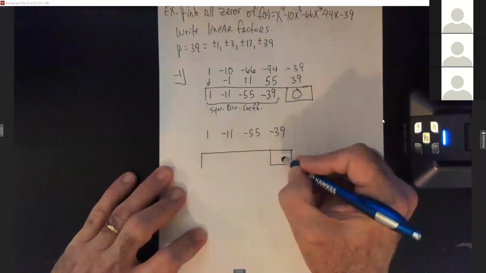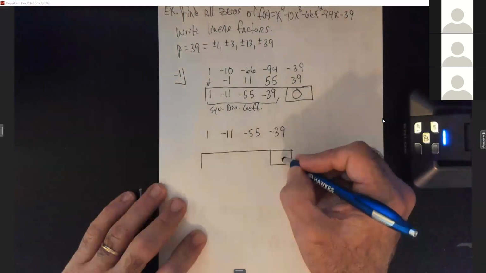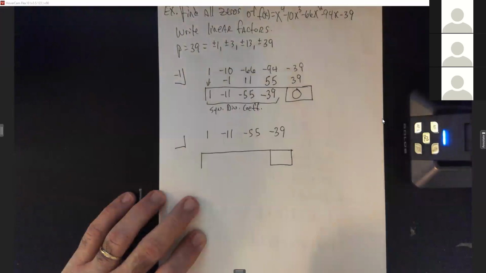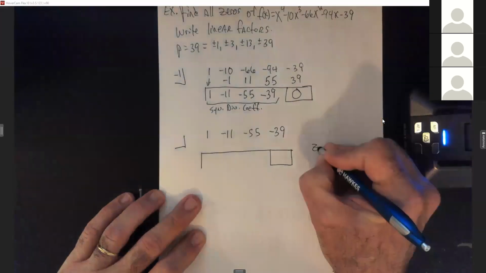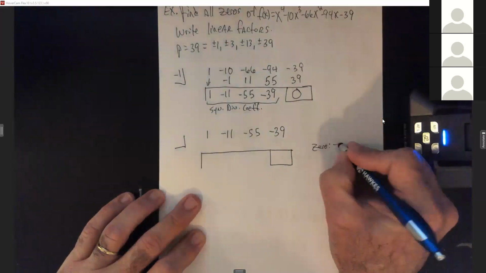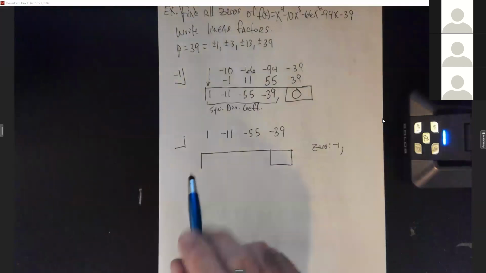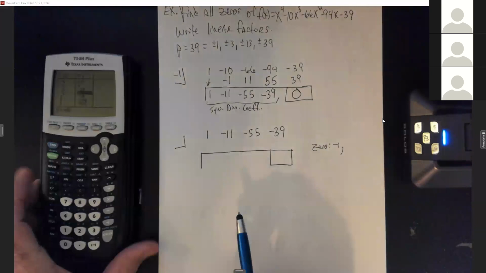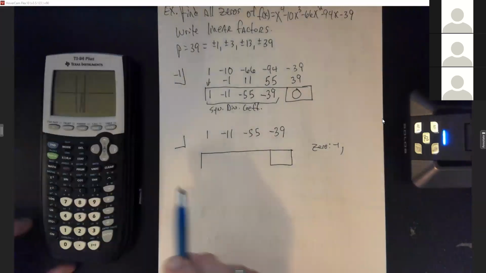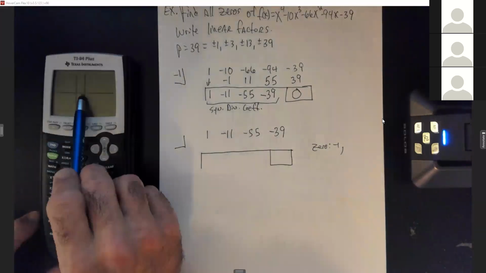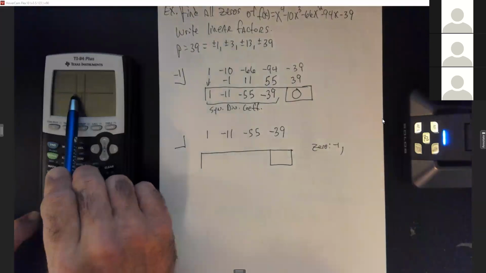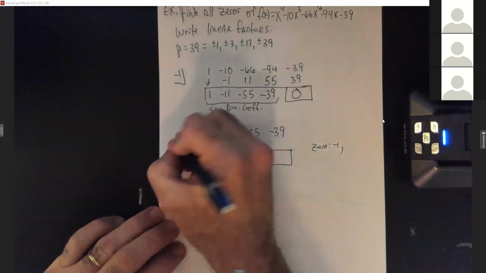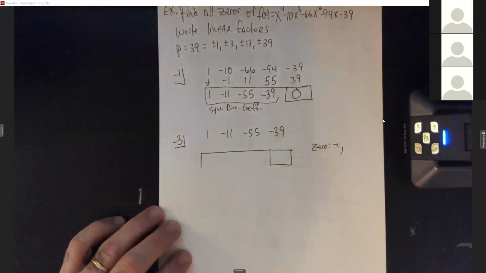Once again, I need a 0 remainder there. So I know my first 0 was that -1. I need another number to check. And if you remember on my graph, since I tried that -1, I'm now going to try that -3. So that also crossed that x-axis, okay?